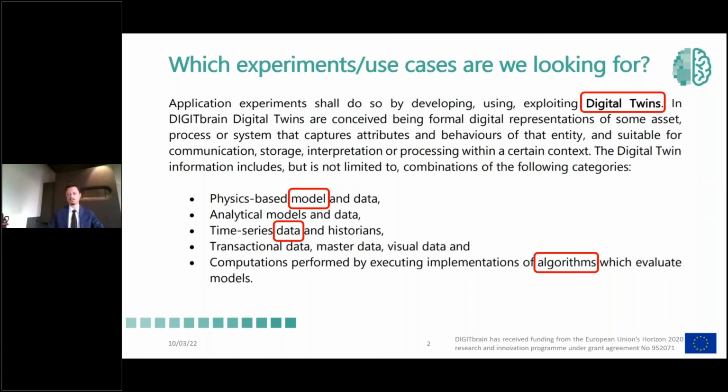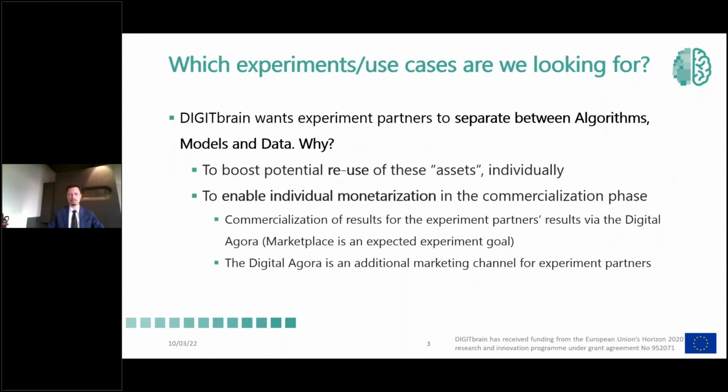And we expect experiments to separate models and data and algorithms from each other into individual assets, which seems very obvious, but in many cases it's not implemented that way. So why shall you separate algorithms from models from data?